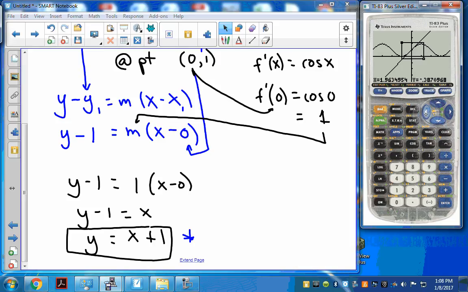I'll go back to the left just a bit. And then if I hit enter, I now have a window that shows the curve and the tangent line. And obviously near the point of tangency, they appear about the same. It looks like the sine wave is a straight line. It's not, it's curved, but it's very close to being linear. Okay, so that's example one. There's a note on the bottom of page 235.